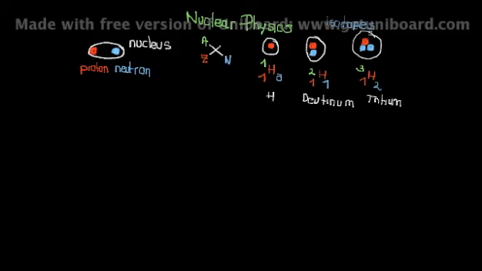Okay, so in nature we have 3 types of rays that we have seen experimentally.